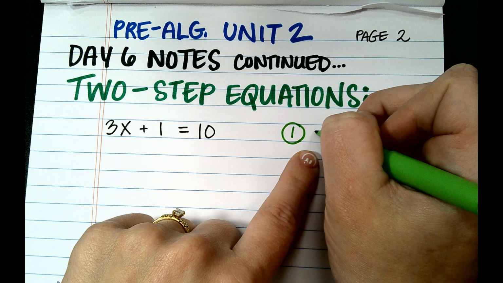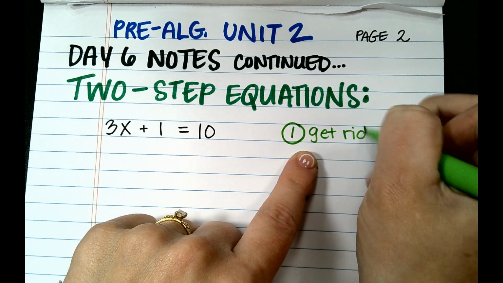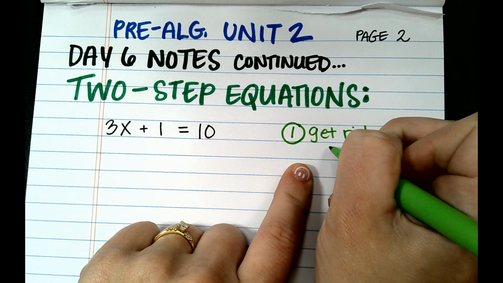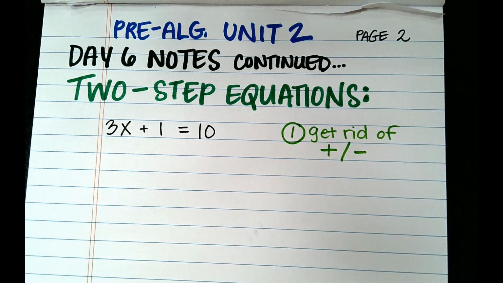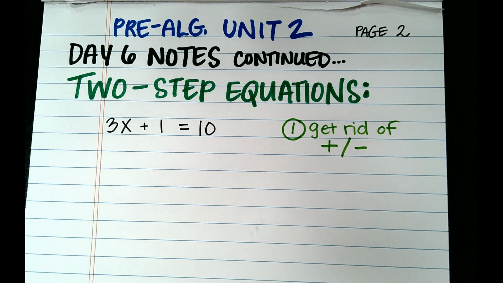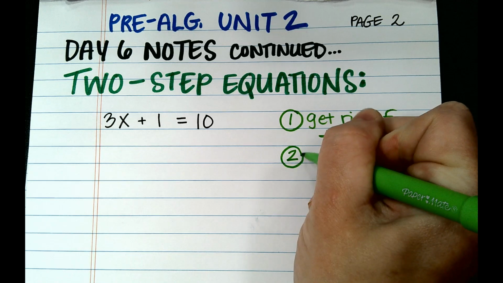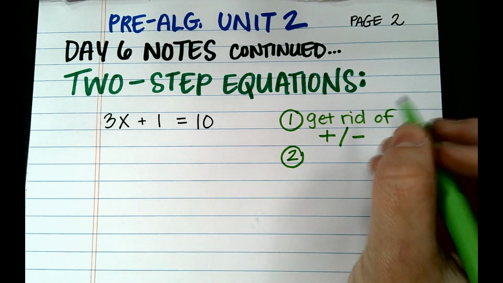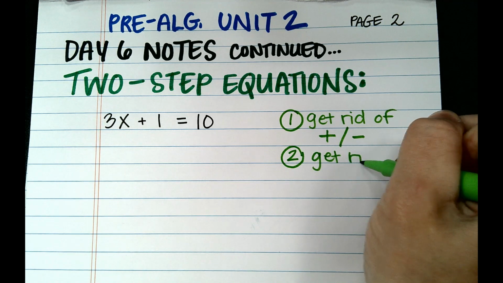We are going to get rid of addition and subtraction first. Then once there's no more addition or subtraction, we can move on to the next step, which is getting rid of multiplication or division.